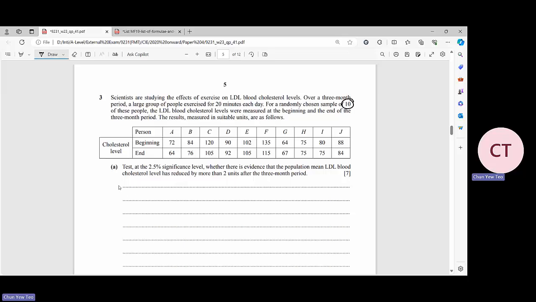So over here, I will need to build a small table to find the difference. Okay, so the difference D is the beginning minus the end, because the beginning level is supposed to be higher. So D is equal to B minus E. I forgot to write down, supposed to have 2 rows here.